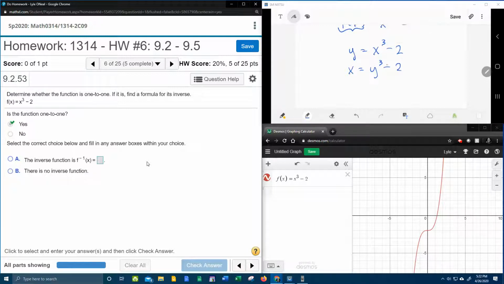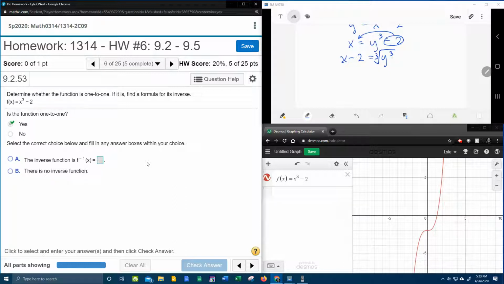So to solve this for y, we're going to take the negative 2 and bring it over. That's going to give me x minus 2 equals y to the third. And then I've got to get rid of this exponent of 3 on the y to get the y by itself. How do you get rid of an exponent? Well, you have to use a radical with the same index.